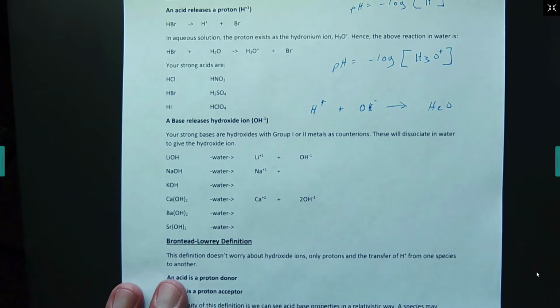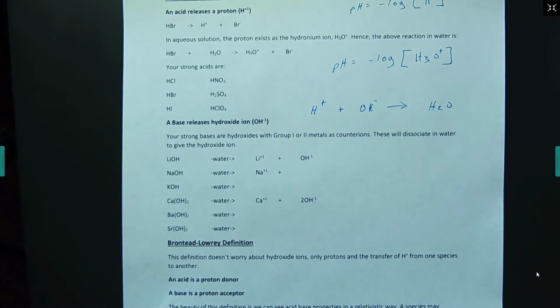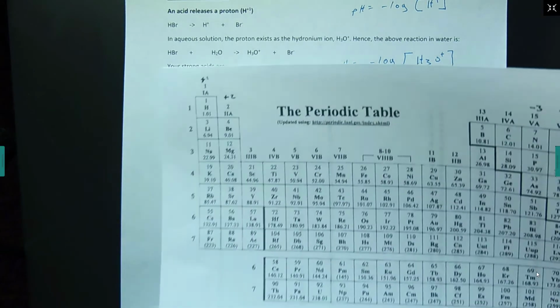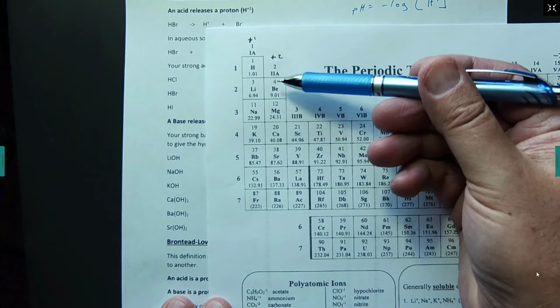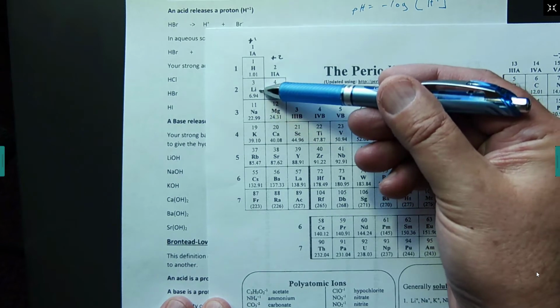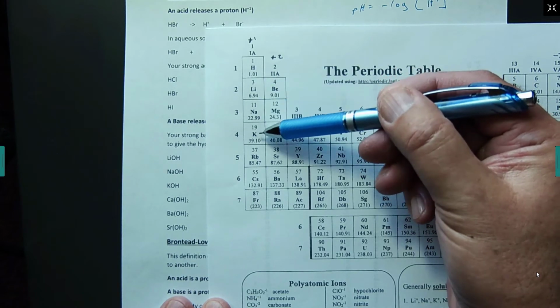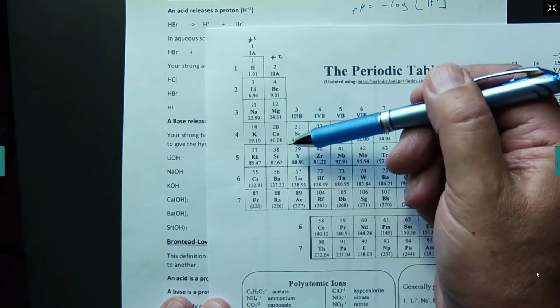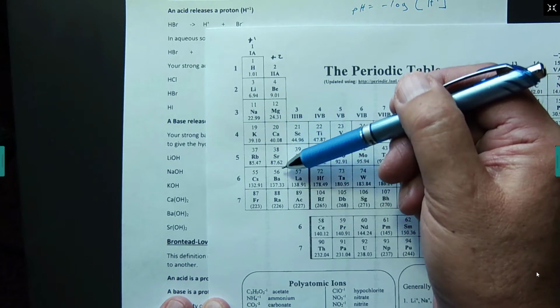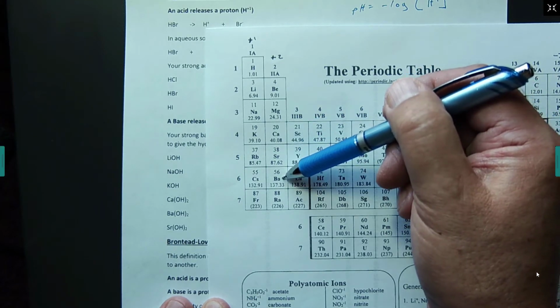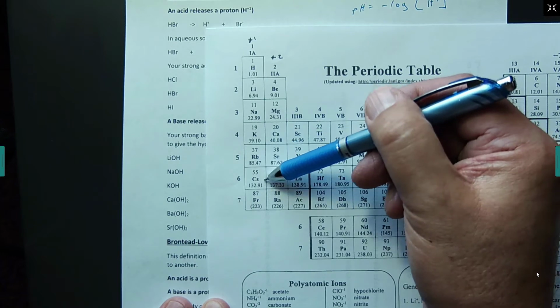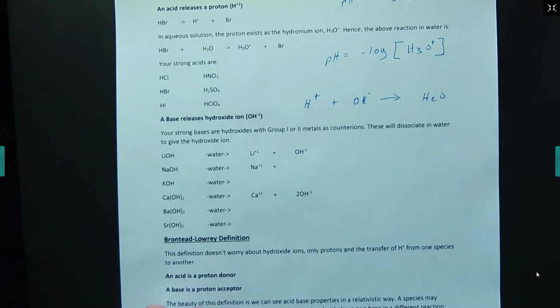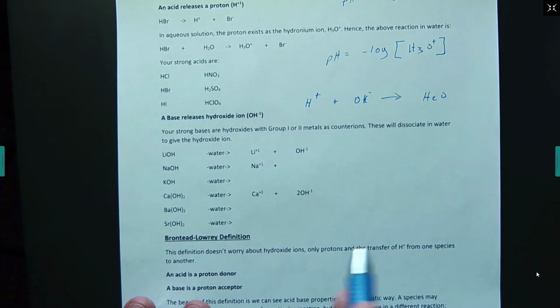Now, your common strong bases are the hydroxide salts taken from the first 2 columns in the table: lithium hydroxide, sodium hydroxide, potassium hydroxide, calcium hydroxide, strontium hydroxide, barium hydroxide. I imagine rubidium hydroxide, cesium hydroxide are also good strong bases. And these guys are bases.